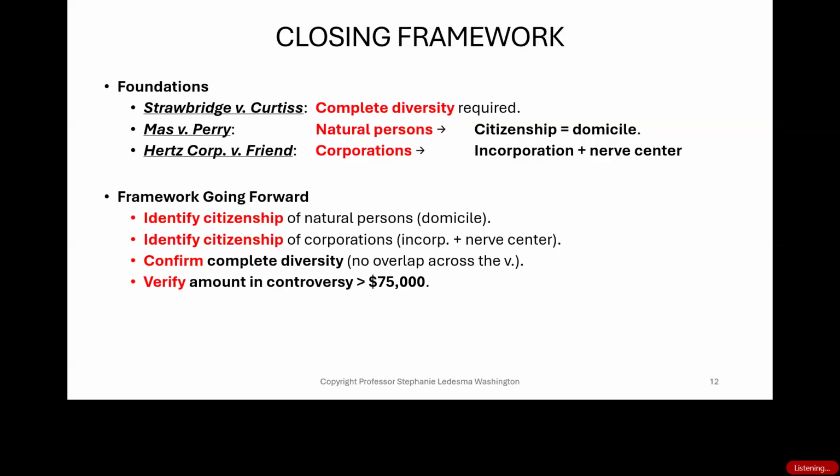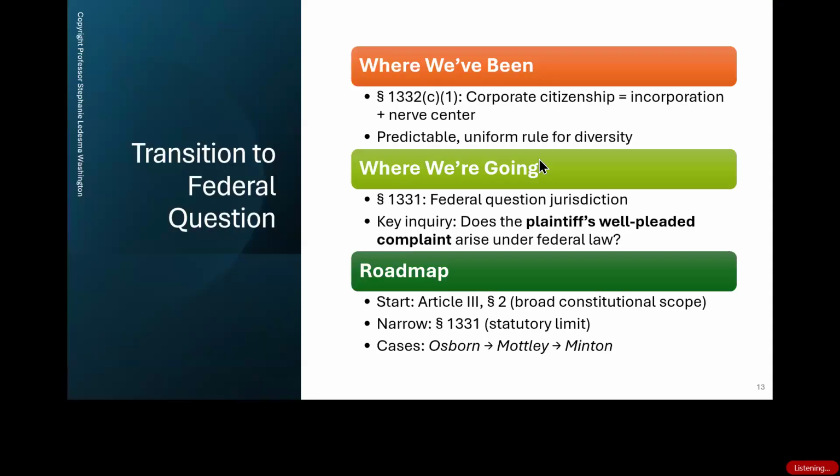And with Hertz, we're ready to pivot from who the parties are and how we determine the citizenship of the parties so that we can determine whether or not the diversity is complete, and turn to federal question jurisdiction under 1331. We're done.